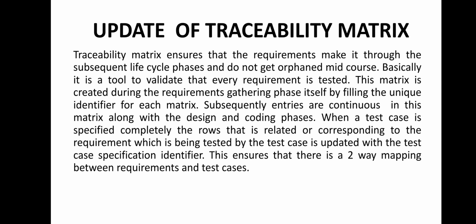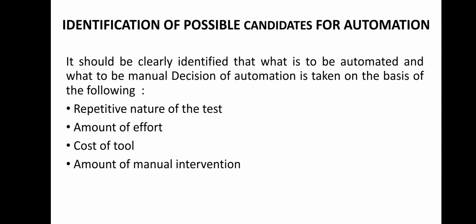In the next step, that is identification of possible candidates for automation, we identify whether a test has to be performed manually or is to be automated. So we know that if we are going to select automated tests, what will be the features?